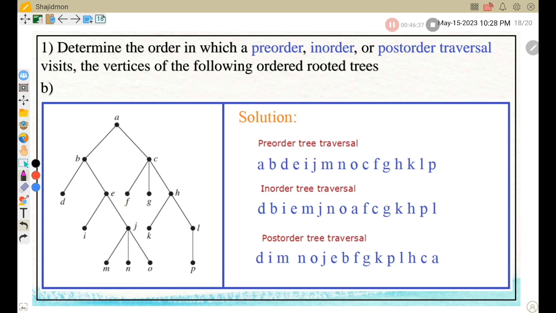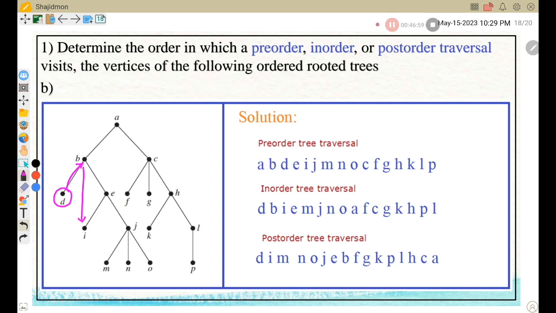In-order visit, we need to start from the left subtree: left, then root, then right, okay? So D we are visiting, left, root, right, correct? So D, then B. After that we cannot go to E because it has children, so we need to visit I here.